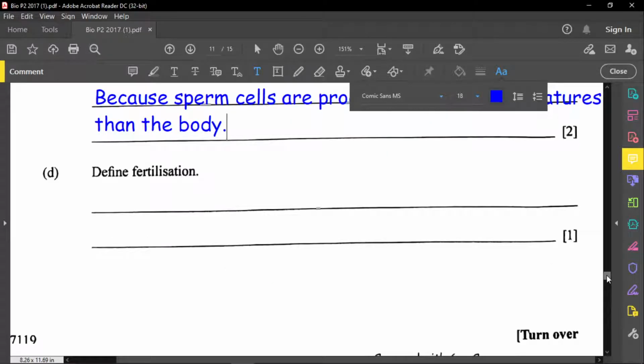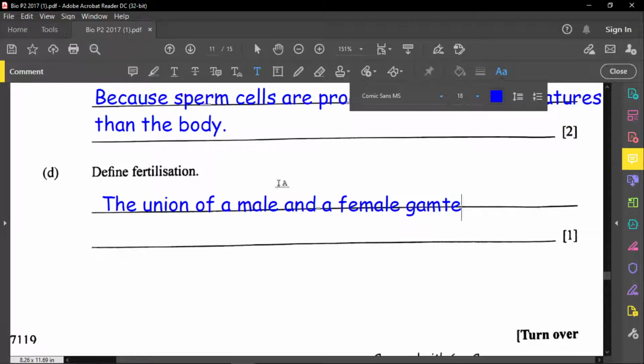Now, part D said define fertilization. Fertilization is when the gametes come together and the nuclei join. This is simply saying the union, or the fusing, or the joining, whichever word they want to use. So this is the union of a male and a female gamete.